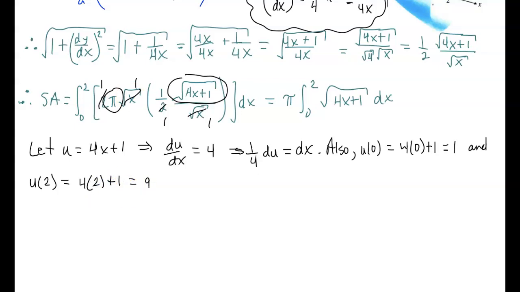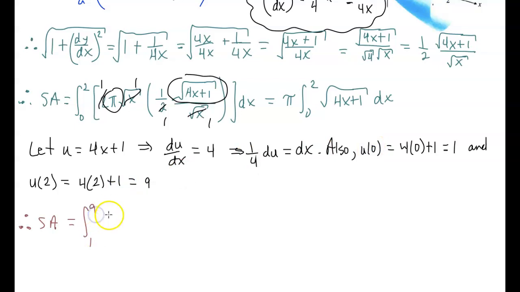So now that we have that, we can now say that our surface area is going to be the integral from, and instead of 0 to 2, now it's going to be from 1 to 9.